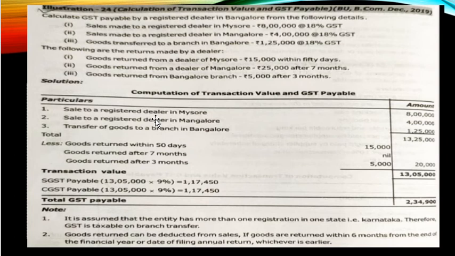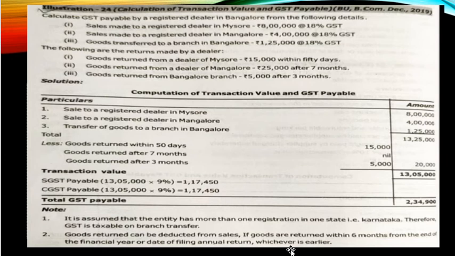Goods returned can be deducted from sales if goods are returned within 6 months from the end of the financial year or date of filing annual return, whichever is earlier. They have stated in this note, the second point, that the goods returned should be within 6 months or at the end of the financial year or date of filing annual return, whichever is earlier.